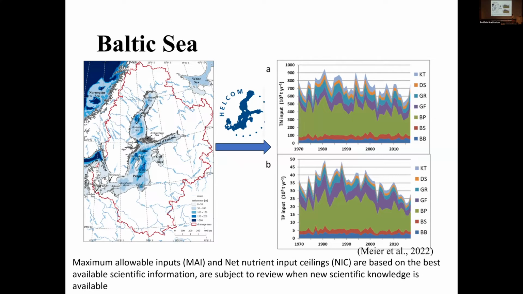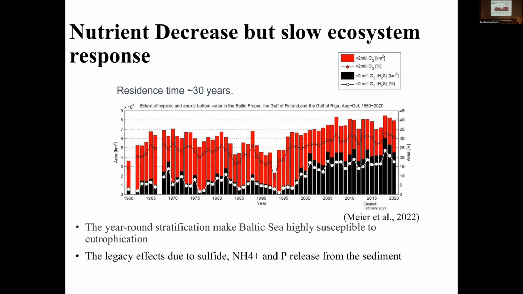And the good news is that under the umbrella of more than 50 years of nutrient reduction action and HELCOM, the nutrient loading to the Baltic Sea started to decline after 2000, for both N and P. The bad news is the ecosystem recovers slowly, and we learned from yesterday that it takes some time for the ecosystem to respond to a perturbation, even when the perturbation is anthropogenic and managed nutrient reduction, okay?